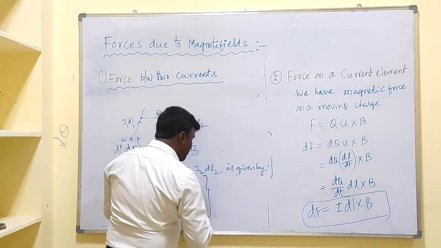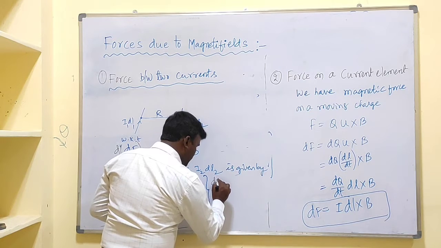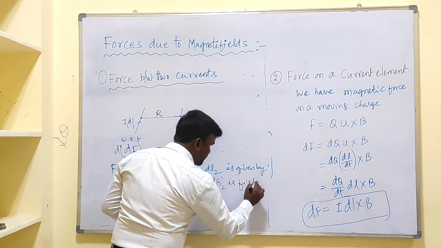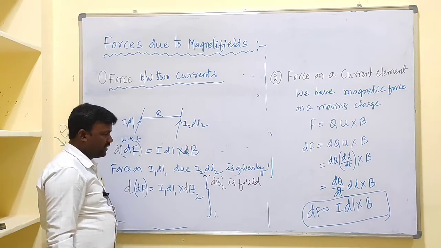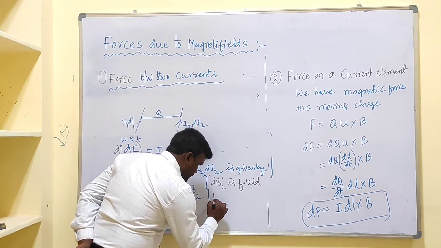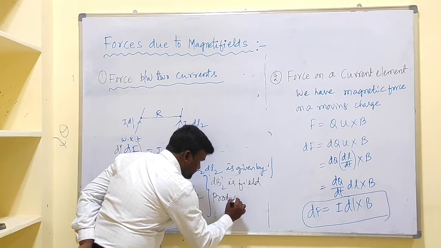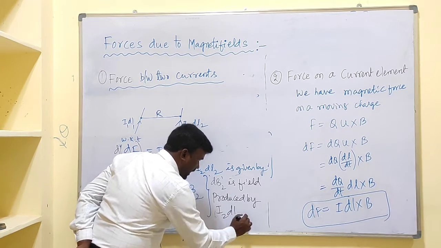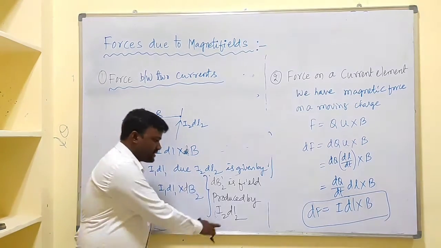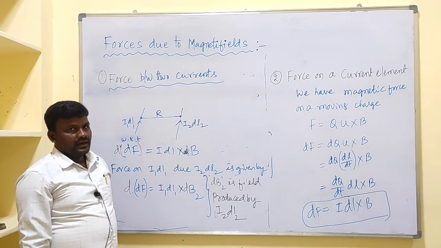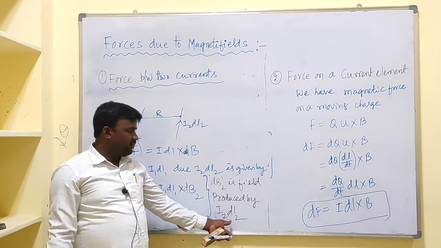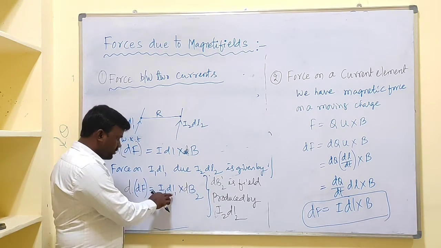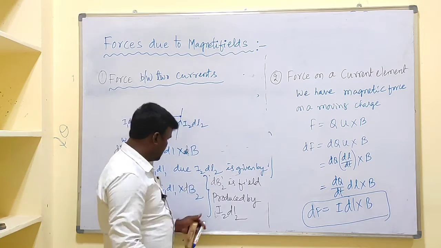What is dB2? It is the differential magnetic field produced by I2 dl2. Already we discussed this in Biot-Savart's law: a differential current element produces a differential magnetic field. So d(dF) equals I1 dl1 cross dB2.